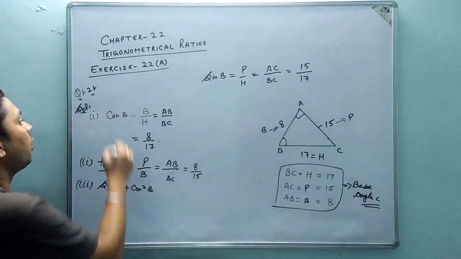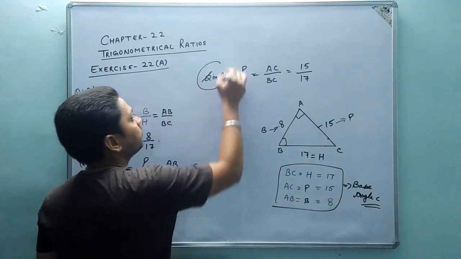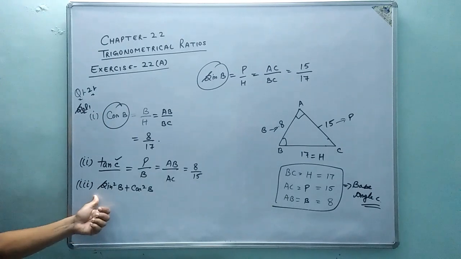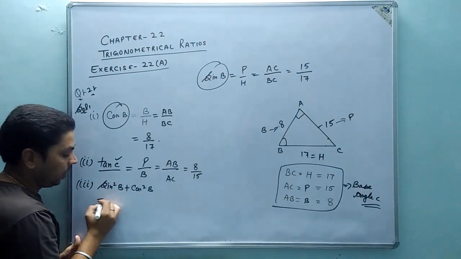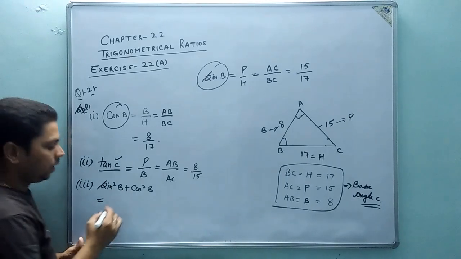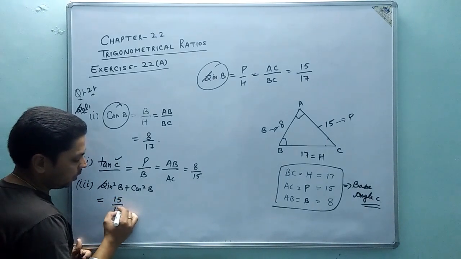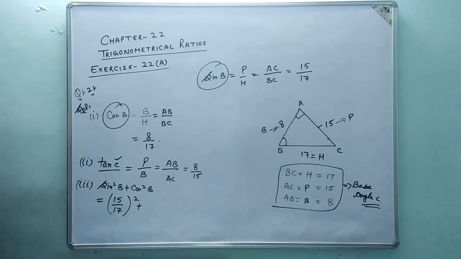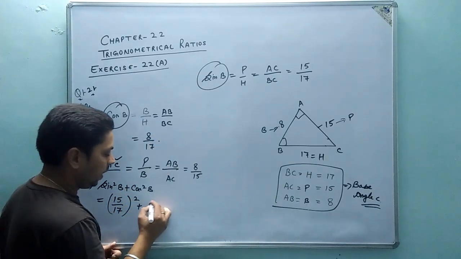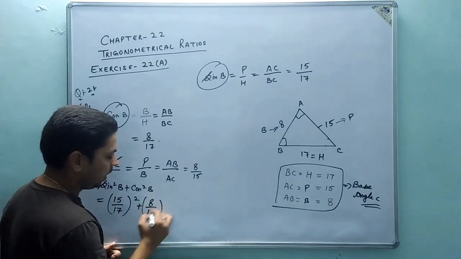So we have the value of cos of B and the value of sine of B. But we have to find the value of sine square B plus cos square B. Substituting, sine square B is 15 upon 17 whole square plus 8 upon 17 whole square.